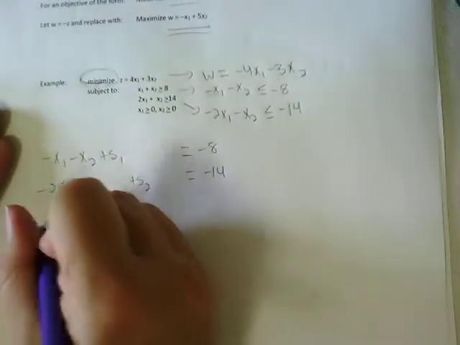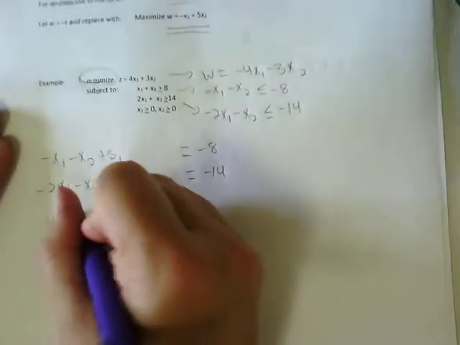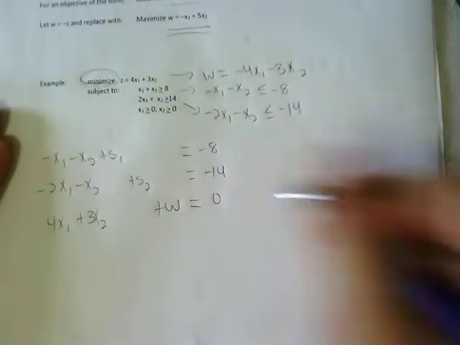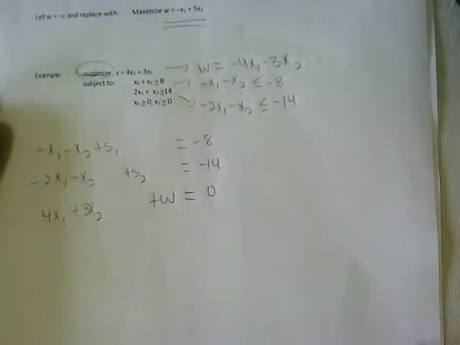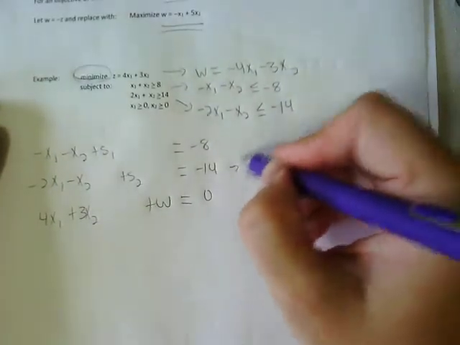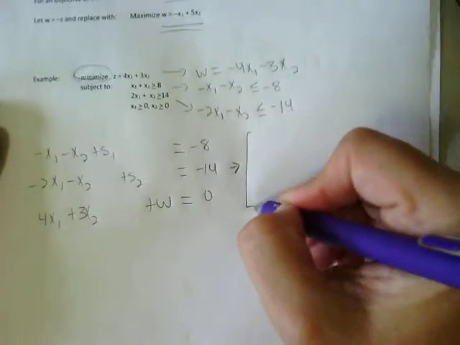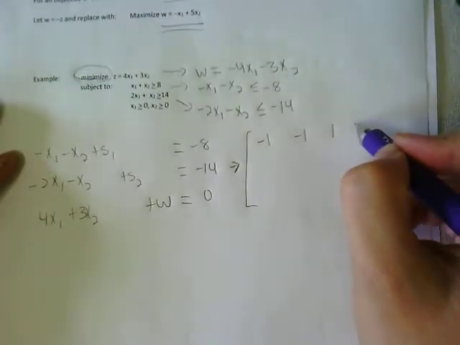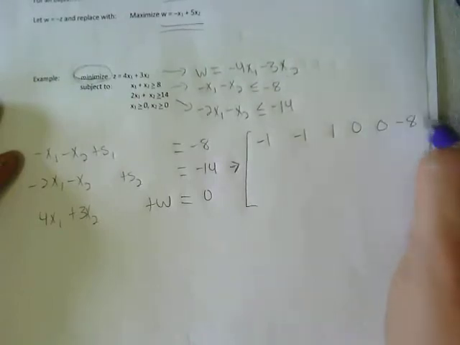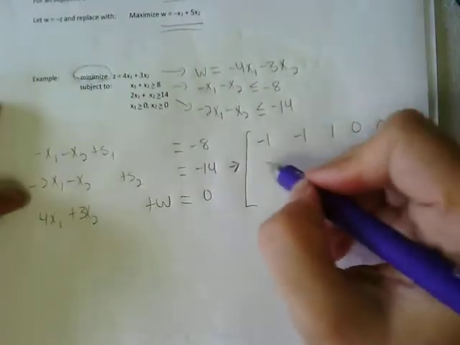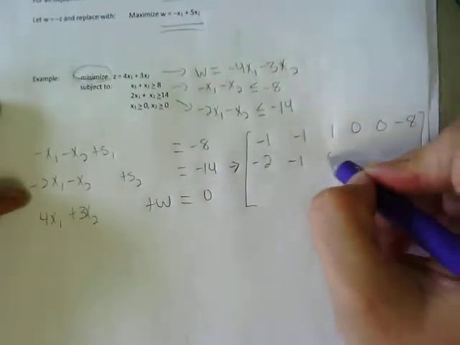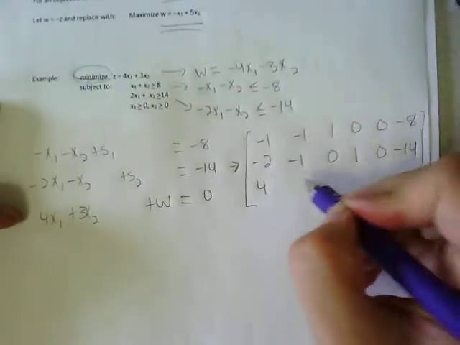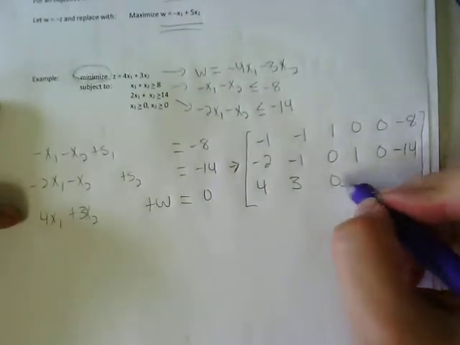So I have 4x1 plus 3x2 plus w equals 0. That means I can finally write my initial tableau. It's going to be negative 1, negative 1, 1, 0, 0, negative 8; negative 2, negative 1, 0, 1, 0, negative 14; and 4, 3, 0, 0, 1, 0.